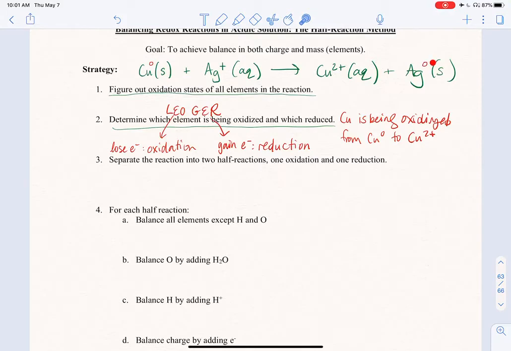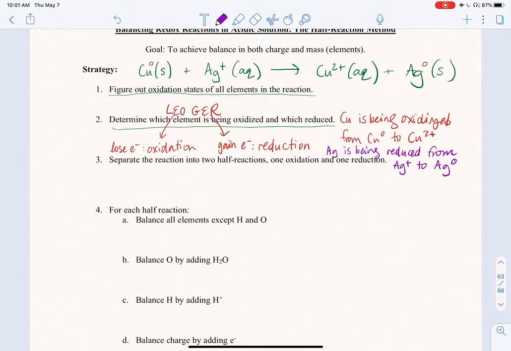It's not becoming negative, but it's going from +1 to 0. So we can say that silver is the element that is being reduced from Ag plus to Ag0.